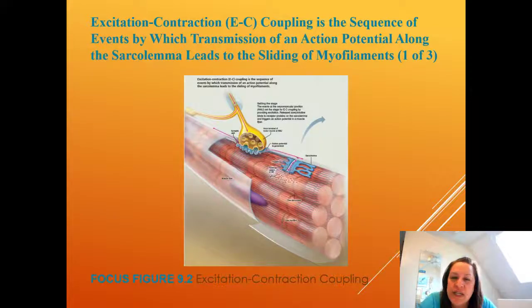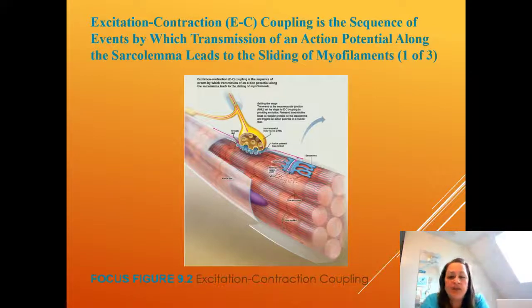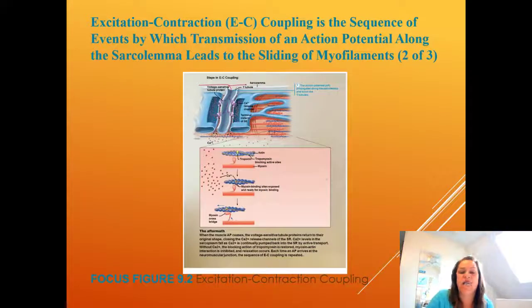If you look really closely, you see the axon terminal, the little tiny acetylcholines, the action potential going down along the sarcolemma, down through the T tubule, and then you see the little red dots. The little red dots are calcium, and calcium is now being flooded into the muscle tissue itself. Well, why do we care? Remember back to when we had the red myosin and the blue actin.